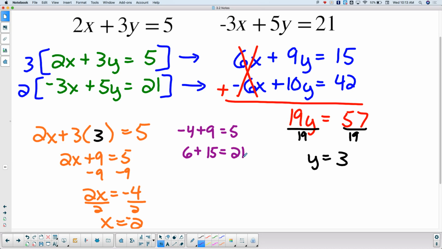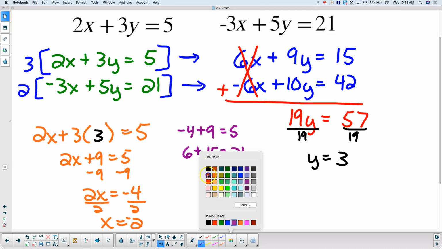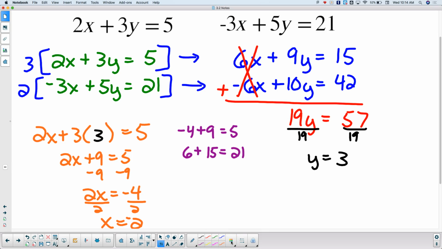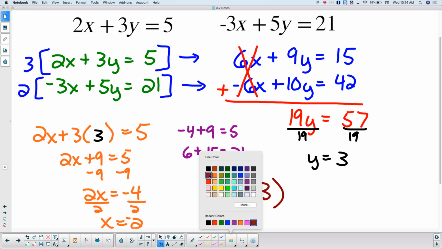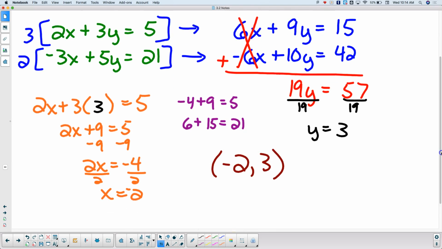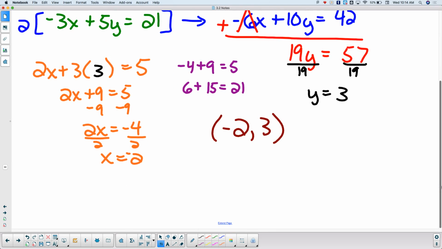Can I leave my answer like that? Yay or nay? Yes or no? No. I'm writing it in point form, which is negative 2, comma 3. Then it also asked us to classify that one, and since it meets at a point, we have a solution for both x and y.